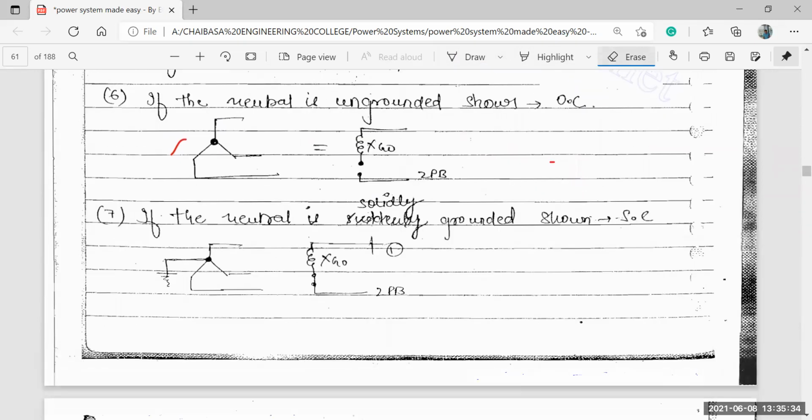If the neutral is solidly grounded, as shown over here, then your XG0 in this particular case would be shorted to that particular point.